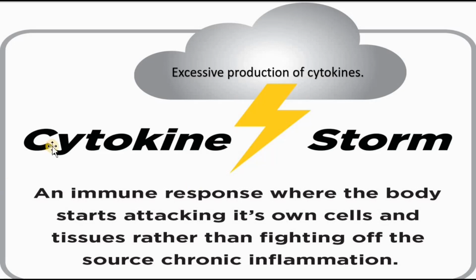But when there is a cytokine storm, there is excess production of cytokines, which are proteins that signal the immune system, and it leads to an uncontrolled immune response. That is, it attacks the body's own cells. The immune response damages the body's own cells.